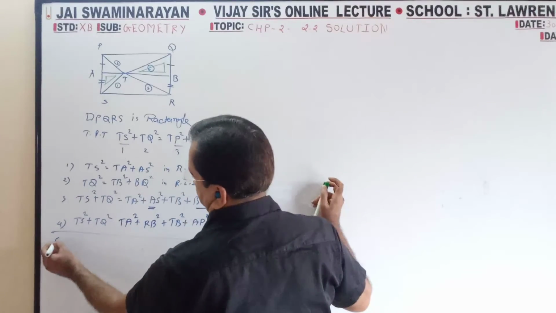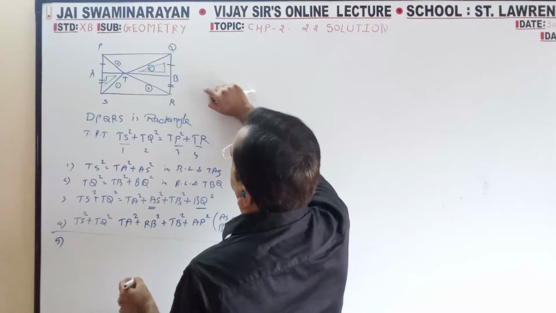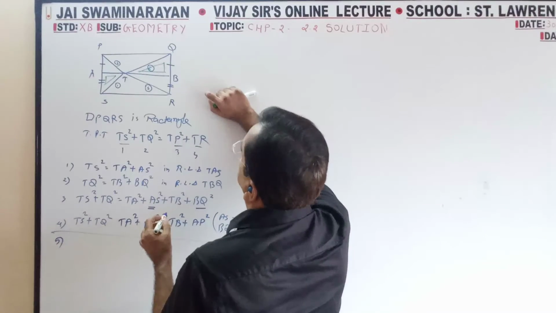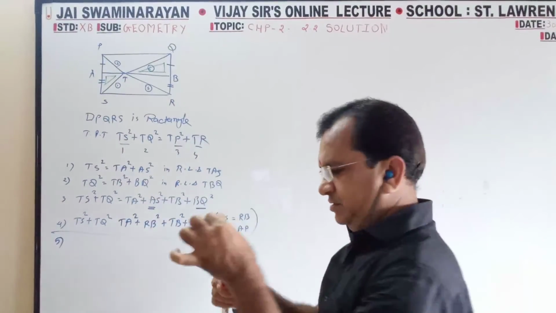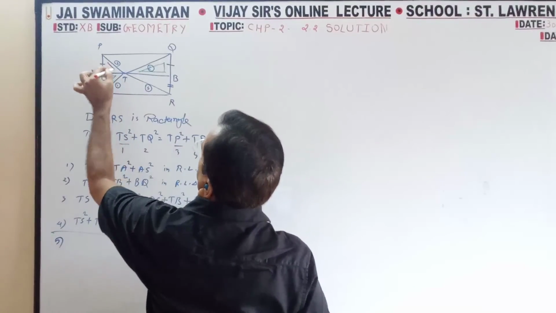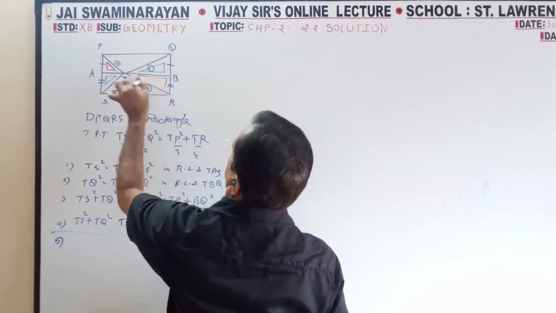Now the third one, TP square. Now this triangle and this triangle.